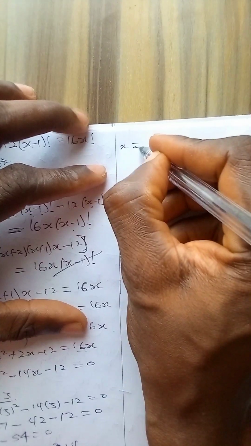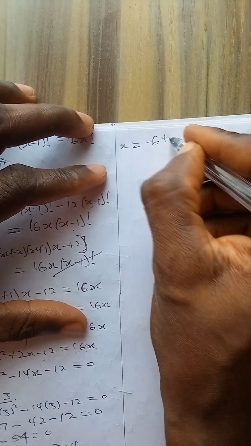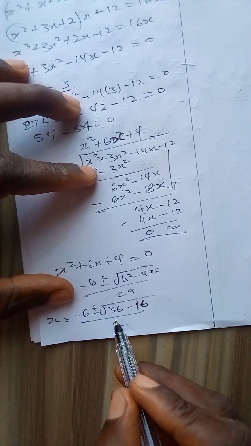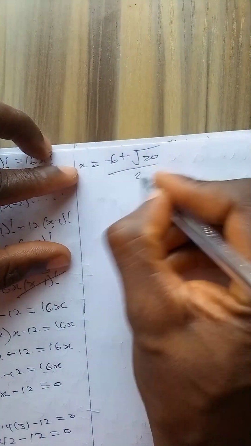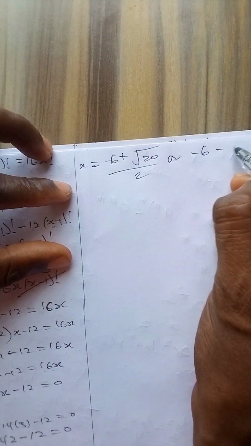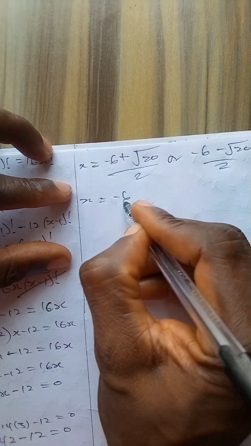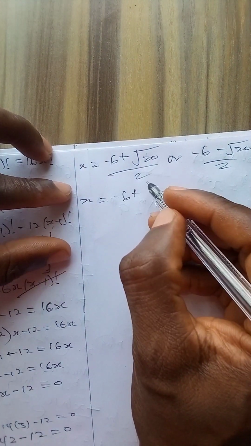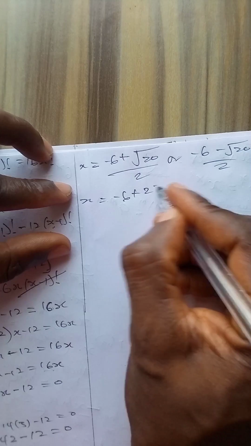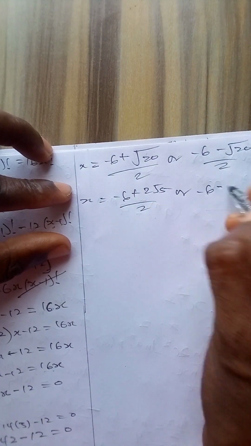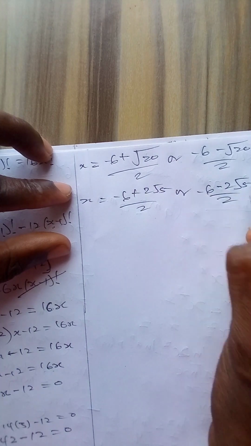x equals minus 6 plus the square root of 36 minus 16, which is 20. So what I have here is minus 6 plus root 20 all over 2, or minus 6 minus root 20 all over 2. x equals minus 6 plus root 20, which is 2 root 5, over 2, or minus 6 minus 2 root 5 over 2.